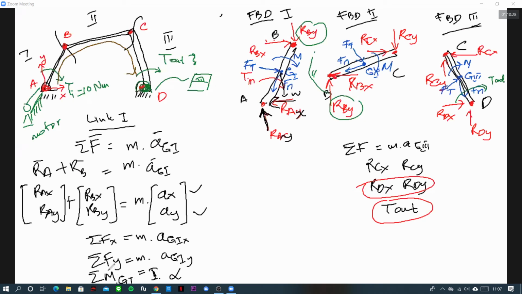So if we consider sigma moment at point G, what is the I here? Is it I at point G or I at point A? Is there anyone who can give me a hint or suggestion?